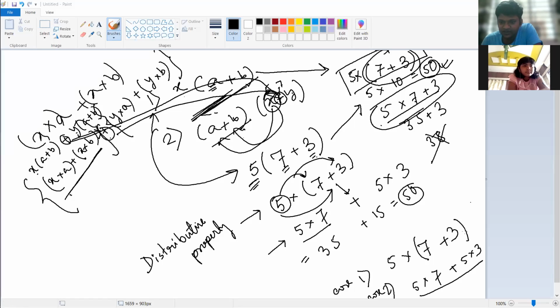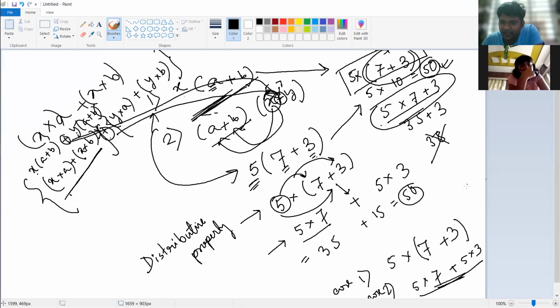Do this this way. Expand first. This is called the expansion. First expand, then do the calculation.